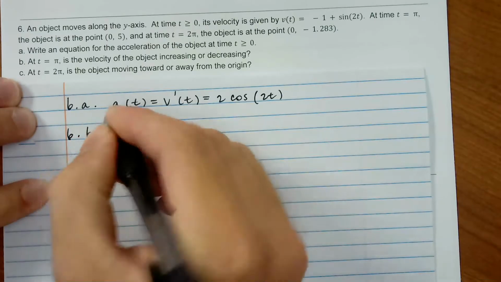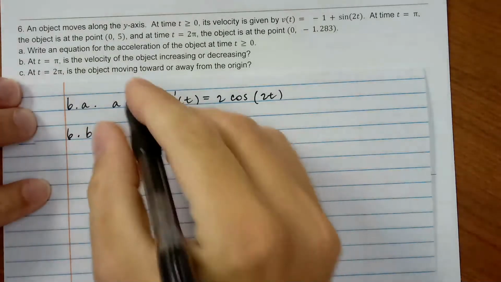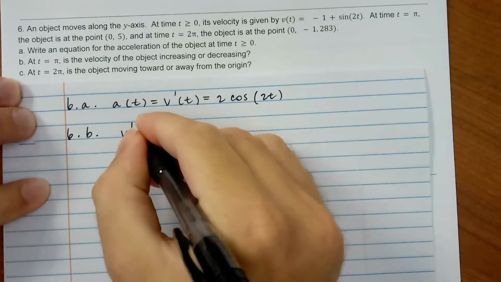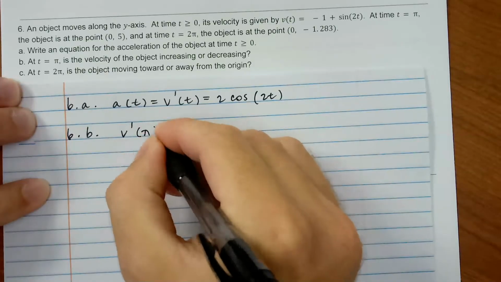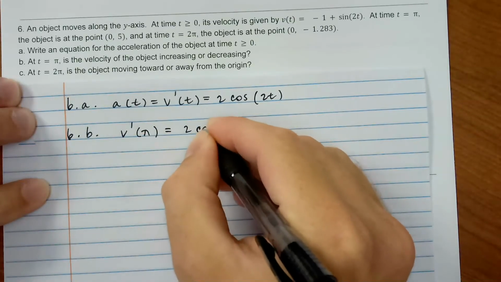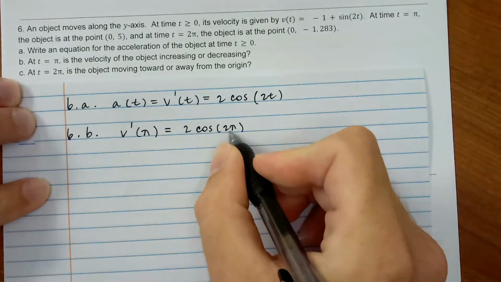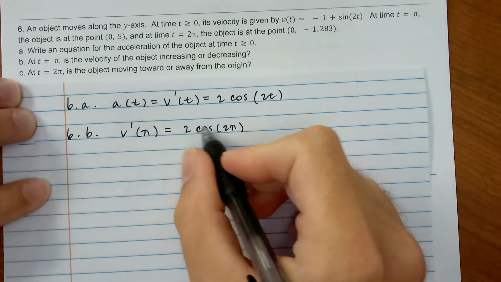Well, remember, we determine if something's increasing or decreasing by taking its derivative and checking the sign. So v prime of pi is going to equal 2 times the cosine of 2 pi. Now, 2 pi is a lot like 0, and cosine of 0 is 1, so we have 2 times 1.